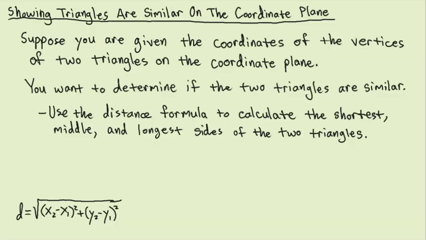All right, the next thing you're going to do is make three fractions. The first one is going to be the longest side of the larger triangle divided by the longest side of the smaller triangle.